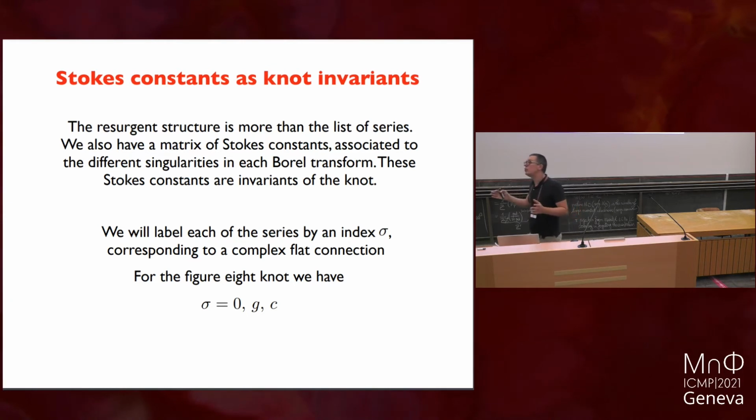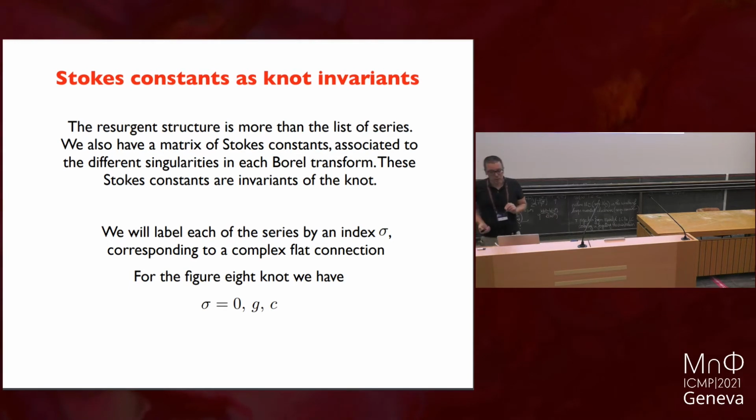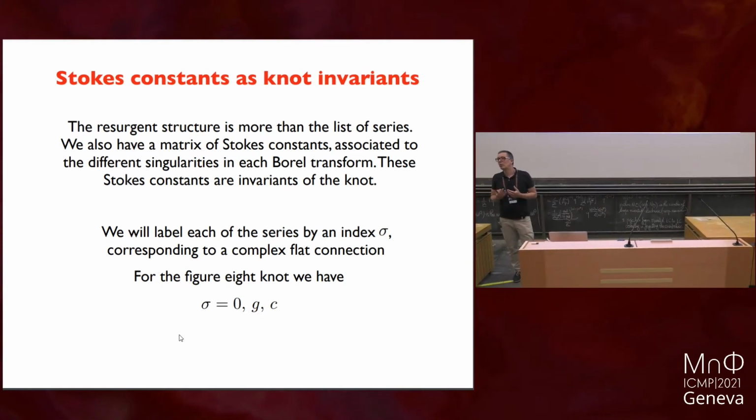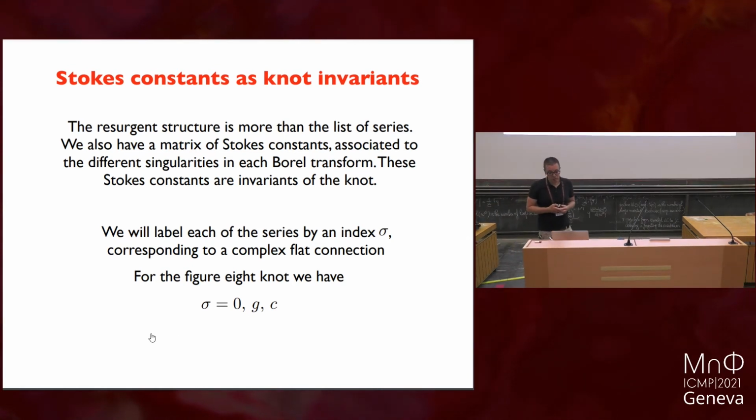Because everything that I'm using here are topological invariants of the knot. These perturbative series are topological invariants of the knot. So the Stokes constants that we find here are going to be new topological invariants of the knot. And this is one additional advantage of Resurgence, that it gives you a framework in which you can define potentially new invariants of the knot by using, for example, Stokes constants.